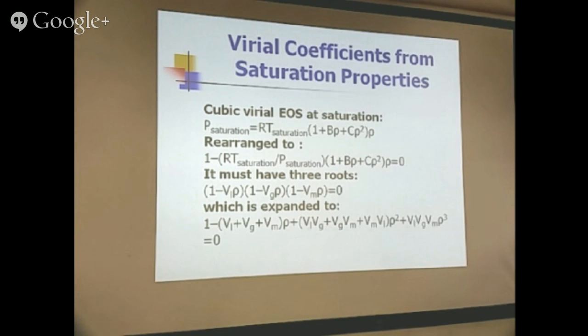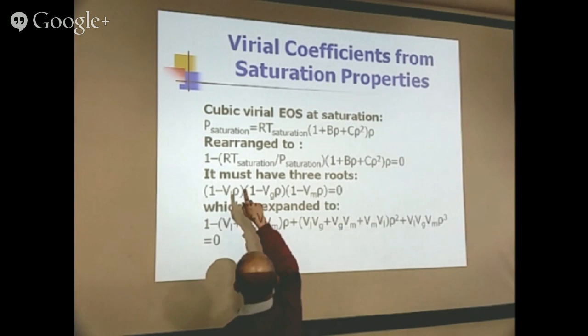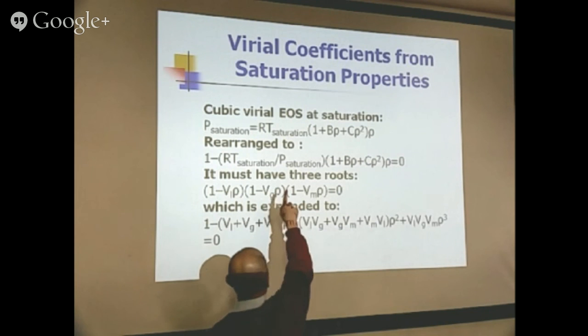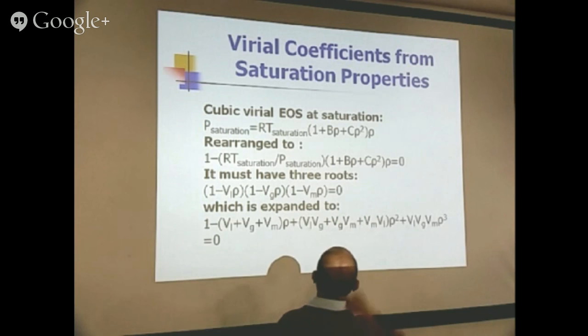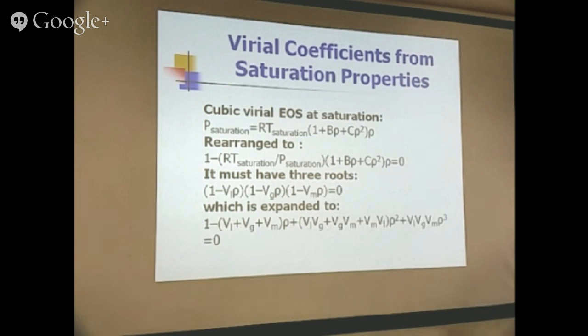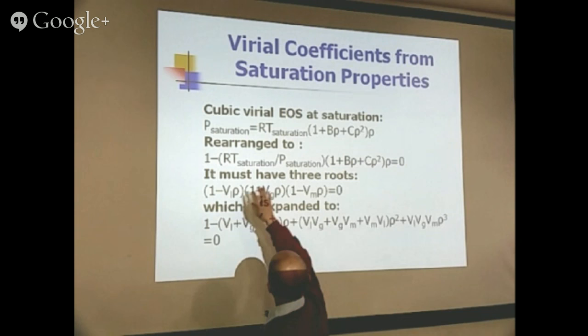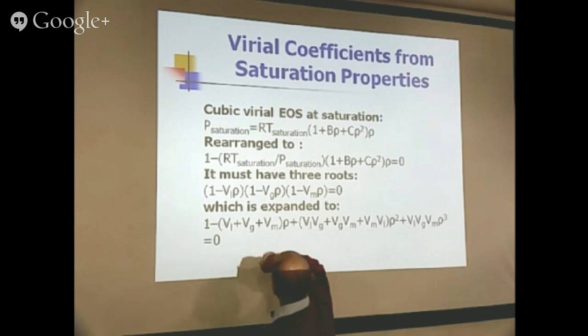And from the saturation table, if I assume using a cubic Virial equation, you see here we can write the equation P equals RT times the Virial expansion in rho. So this is a cubic equation. Okay, at the saturation pressure and temperature, the P, rho and T follow this equation.